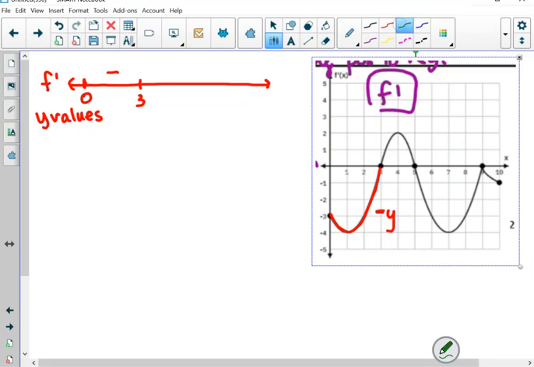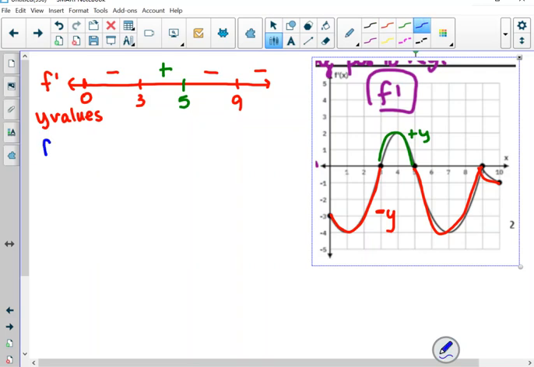And then between 3 and 5, we have positive Y's. And then we've got 2 parts of negative Y's, 5 to 9 and 9 to 10. So lots of negative Y's, except for the region of F prime that's between 3 and 5.